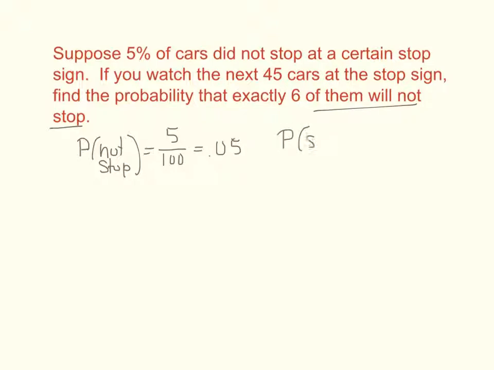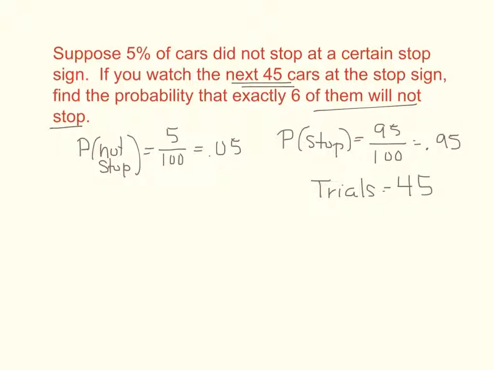The probability of stopping is 95 out of 100, or 0.95. And the number of trials, it says we're going to watch the next 45 cars, so 45. So there's our two groups. 0.05 for not stopping, and 0.95 for stopping.